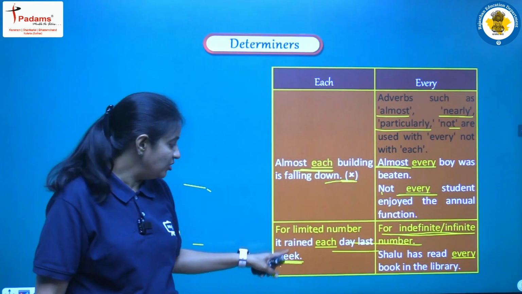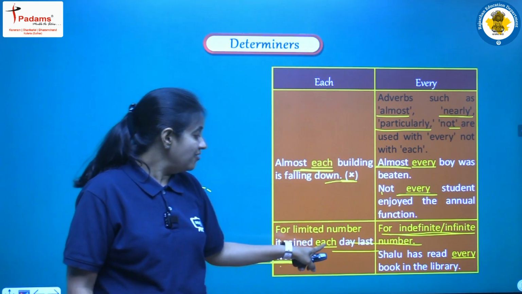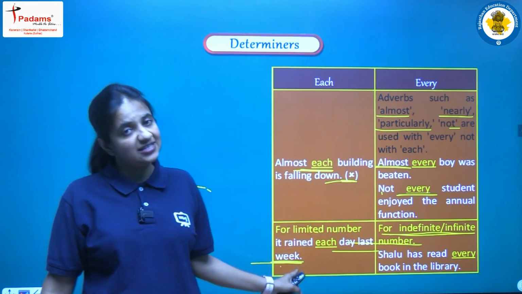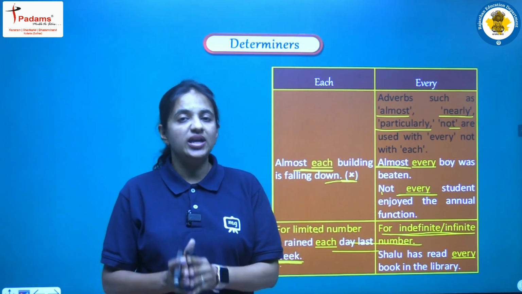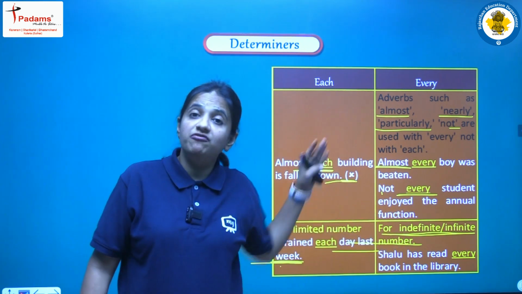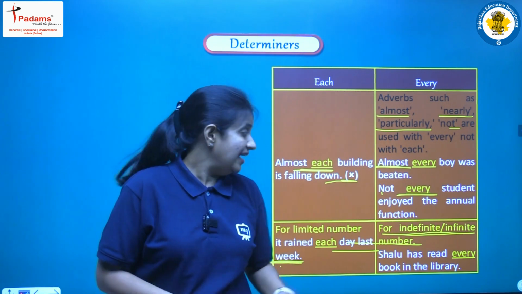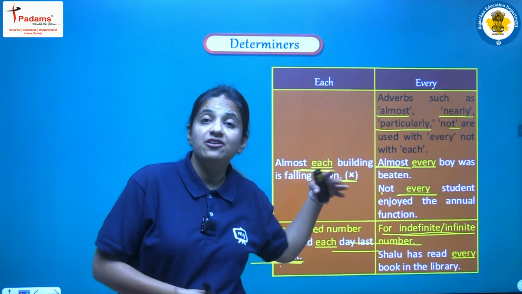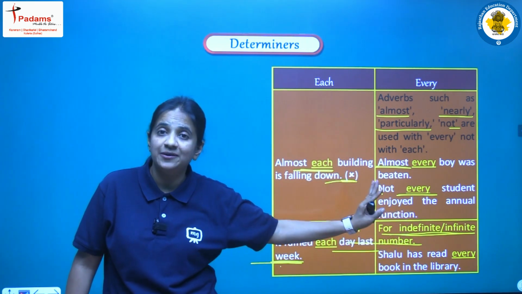But if we are trying to indicate a limited number, or finite number, then we have to use each. Like in the previous example we are showing days in a week, and we all know that in a week there are only 7 days. But in a library obviously there are so many books, the number of books is indefinite, or infinite, and this is the reason in this sentence we have to use every.